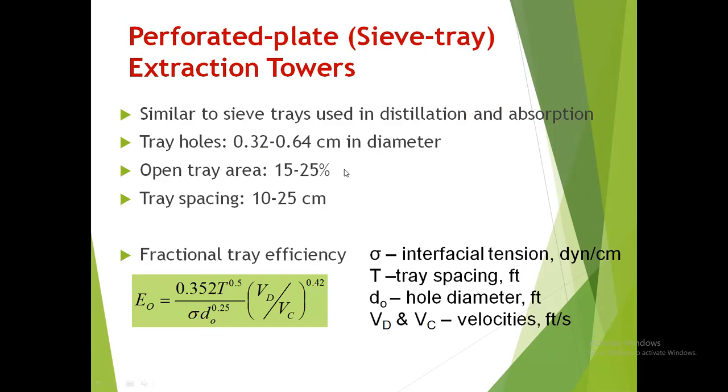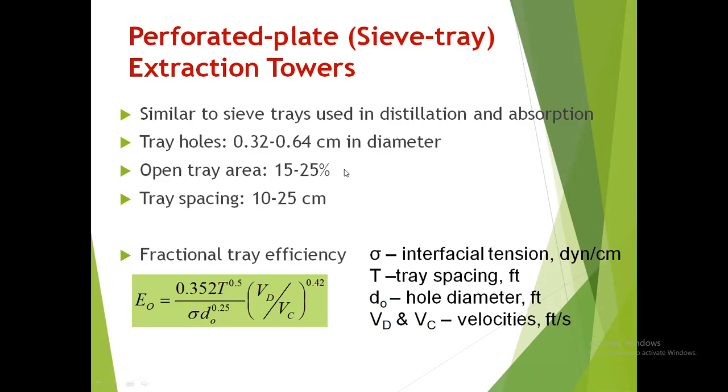The tray holes, since it's a perforated plate, so the plates have holes, the diameter ranges from 0.32 to 0.64 centimeter. If you take the sum of the areas of these tray holes, it should only constitute 15 to 25% of the total tray area.